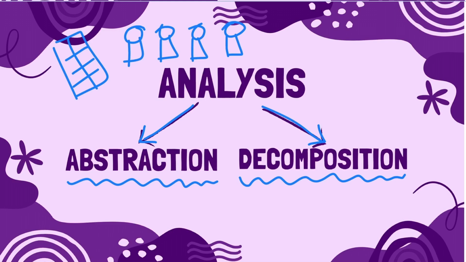First, we're going to remove the unnecessary details like what color of clothes the friends are wearing, what is the company of the chocolate, and how is the weather. These are all unnecessary because you do not need them. So, we remove them. And then decomposition is breaking down the problem into smaller, more manageable tasks.